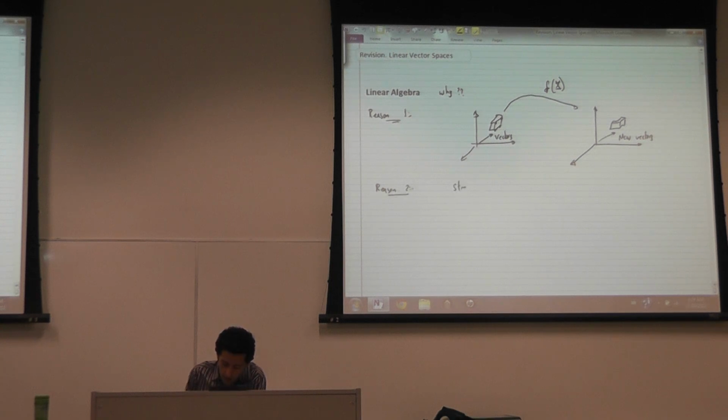Stress and strain and stiffness matrices, and the relationship between stress and strain are all matrices.